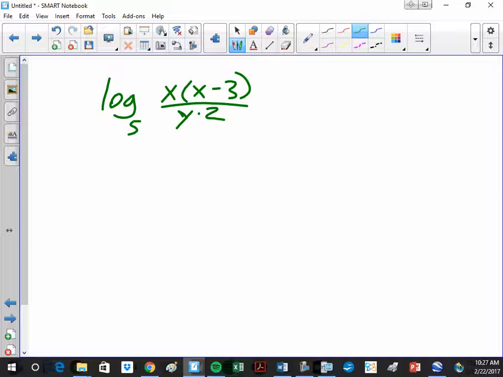Can we expand that into something larger? Well, every factor in the numerator gets a positive logarithm. Every factor in the denominator gets a negative logarithm. So this will get its own positive. This will get its own positive. And then both of these will get negatives.